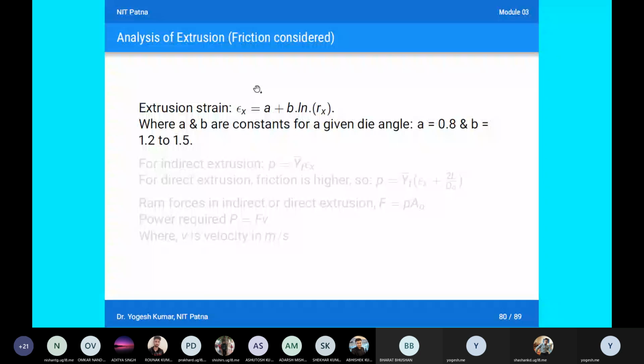Under the conditions when friction is considered, the extrusion strain is given as epsilon x. These are all the formulas that you have to remember. There will certainly be a few numerical questions based on these formulas in your examination, so maybe I will try to take a few numerical questions so that it becomes easy to understand how to use these formulas while solving the numerical problems. Under direct extrusion, when friction is considered, the extrusion strain is given as epsilon x equal to a plus b natural log of Rx.